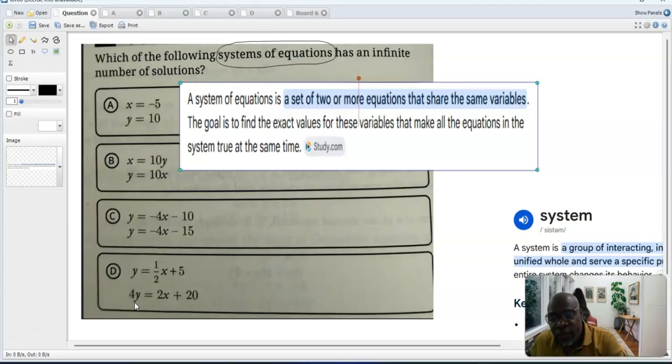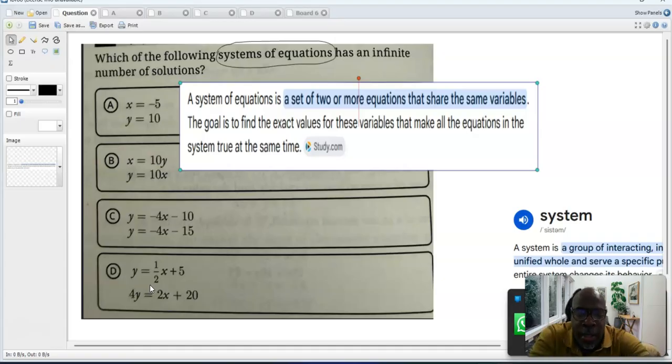If y is 5, wherever I see the letter y, I'm going to put 5. So 4 times y means 4 times 5, which is 20. On the other side of the equal sign, x is 0, so 2 times x is 0, plus 20 is 20. So therefore, both equations are true at the same time.